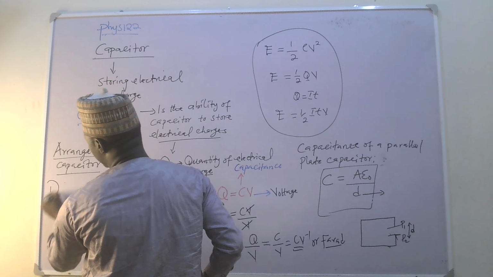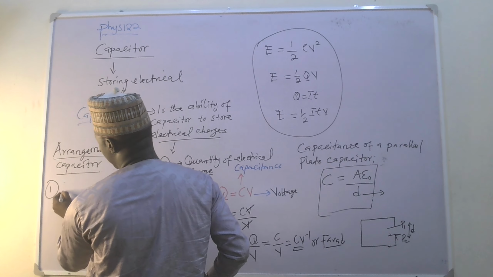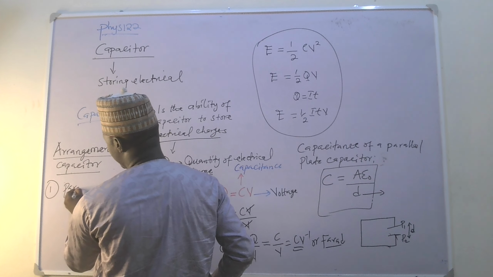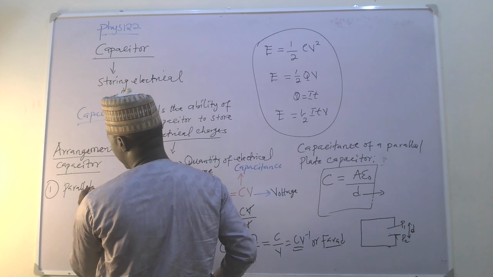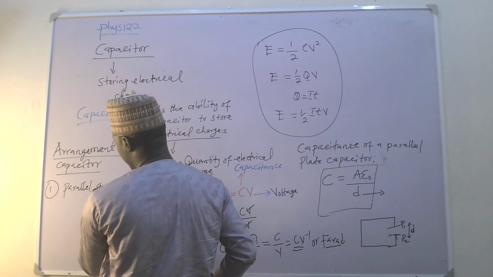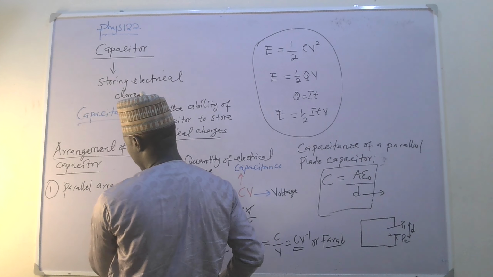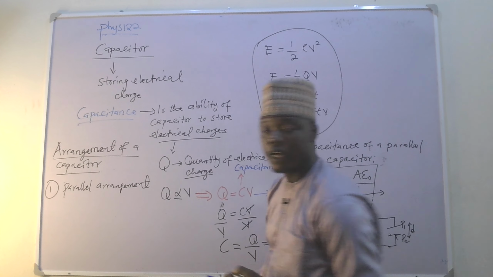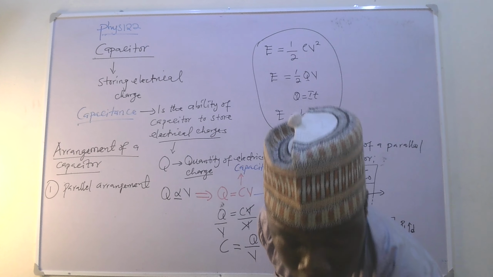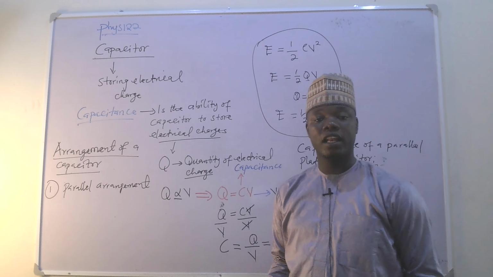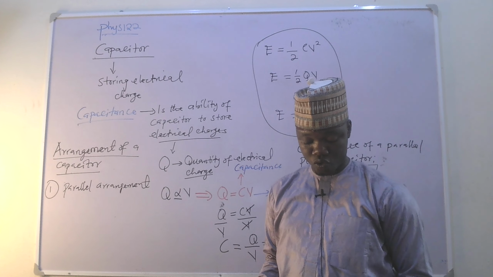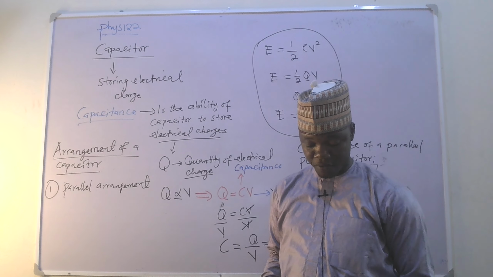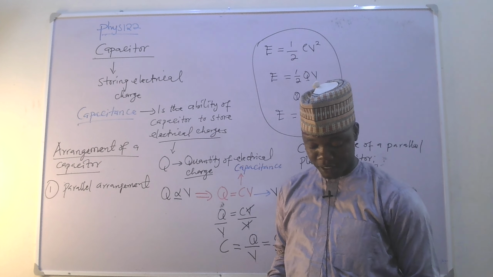It can be arranged in parallel. So let's look at the parallel arrangement of a capacitor, and also the arrangement of a capacitor in series. That is what we are going to look at first.